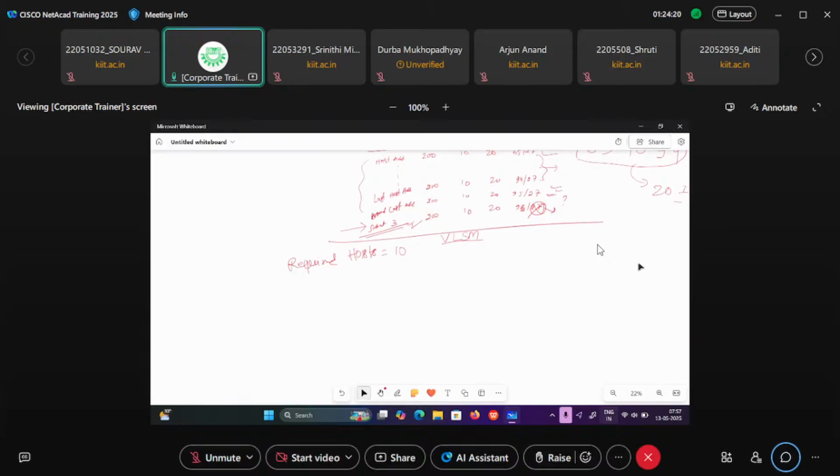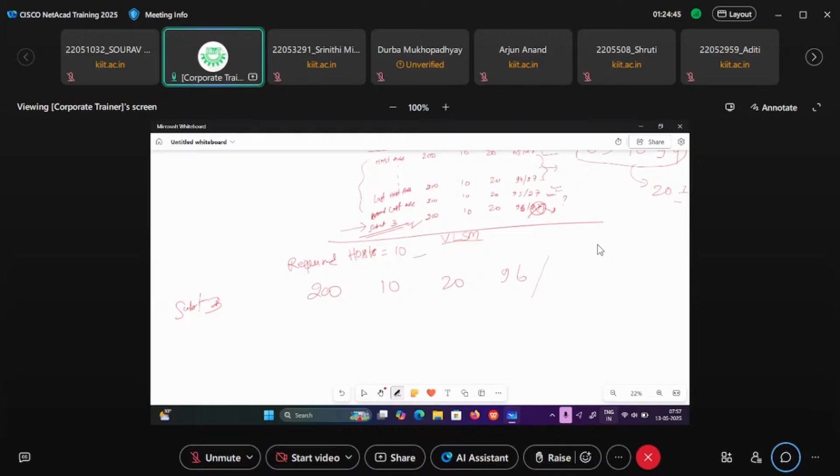The next requirement is 10 hosts, right? So when I write subnet 3, my ID will be 200.10.20.96 slash what it will be, that will be decided as per the requirement of the hosts.